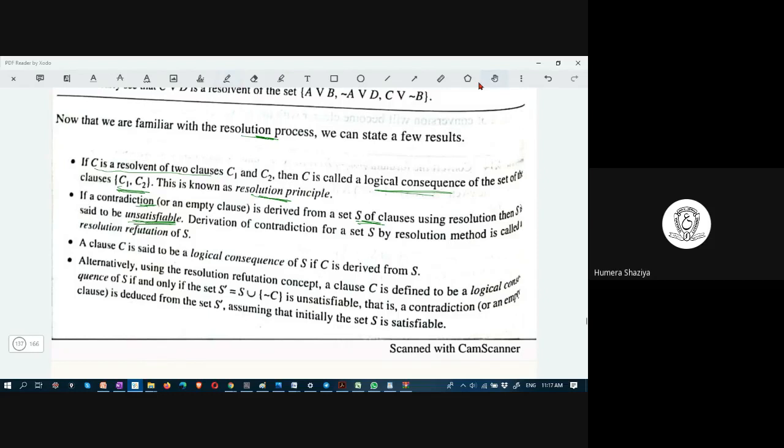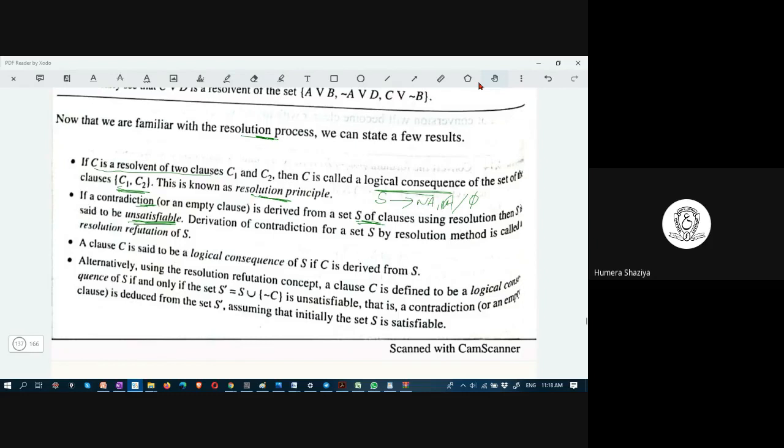If a contradiction or an empty clause is derived from S, meaning S finally leads to some kind of contradiction, say not A, or an empty clause, it is unsatisfiable.